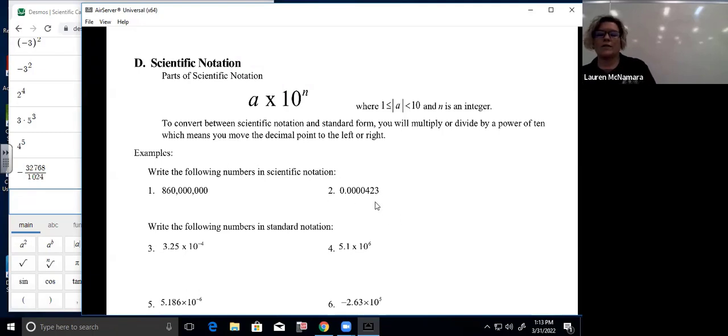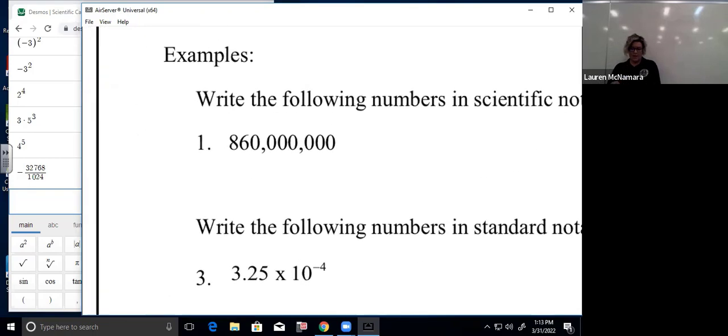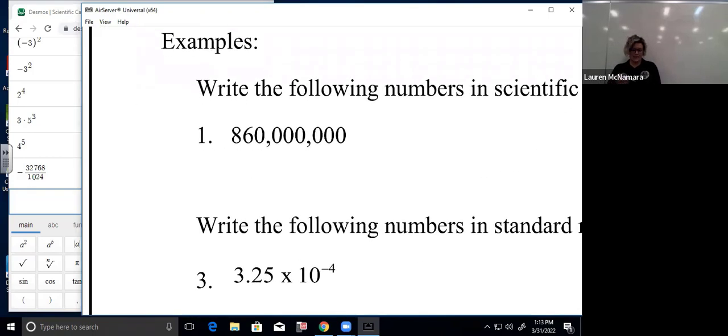So it says, write the following numbers in scientific notation. You have to be careful when you're writing these. So first thing I'm going to look at here is I need my number. So I'm going to look at the first two places on this particular number. And I need those two values. I need it to be between 1 and 10.